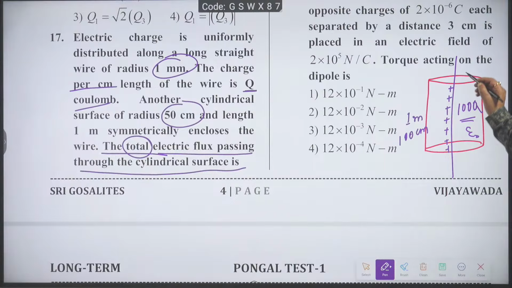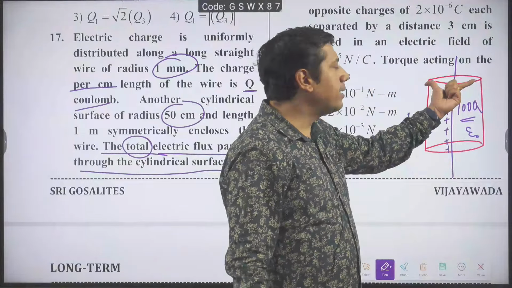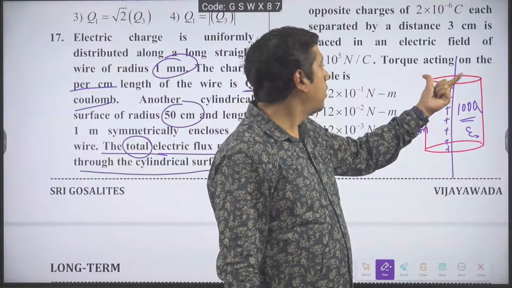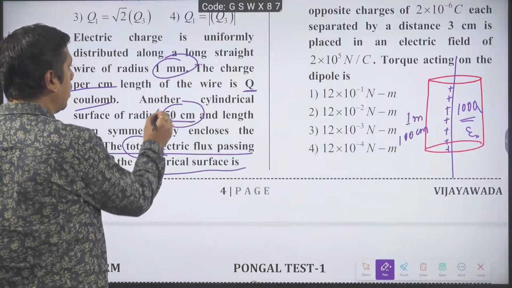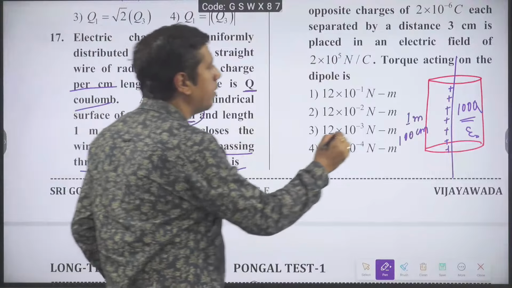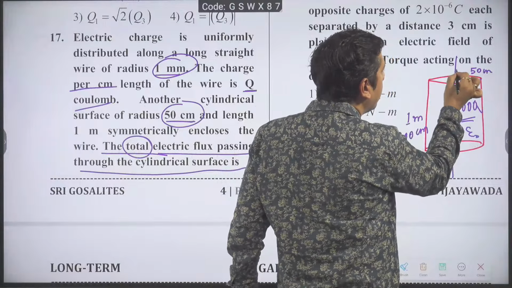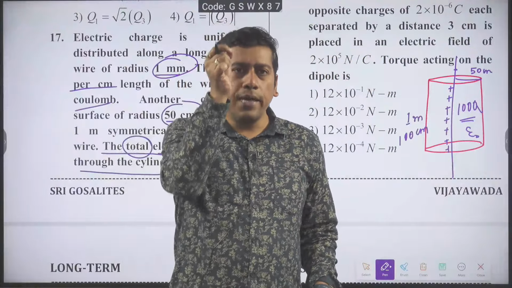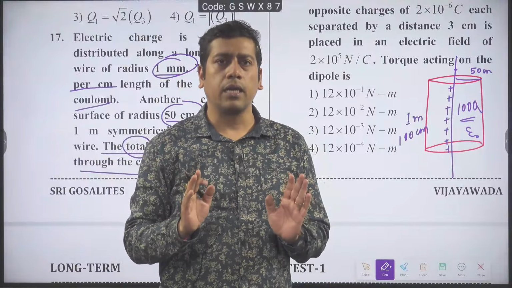This wire has a radius 1 mm, which is very small, and the cylinder has a radius 50 centimeter. So it just signifies the complete wire is inside the cylinder. This is the meaning.